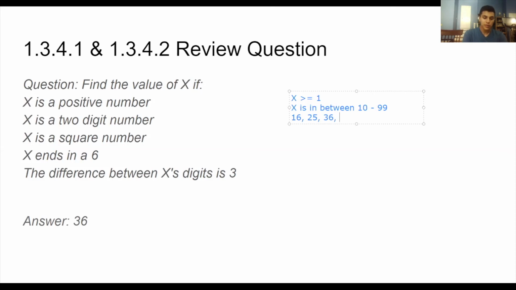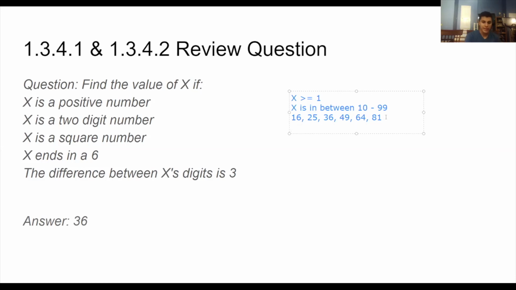Then we have 49, which is 7 times 7. 64, which is 8 times 8. And then I didn't give this one in the examples of square numbers, but the next one is 81, which is 9 times 9. And then after that, we have 10 times 10, which is 100, but we're not going to list that because it's not between 10 and 99, and it is 3 digits, so it doesn't fit our condition. So next we can move on.